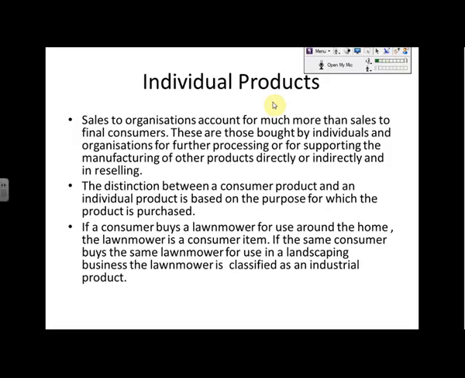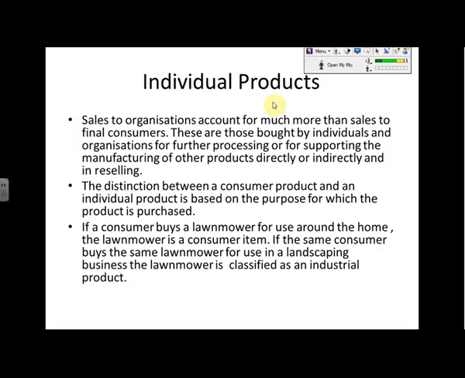These are those bought by individuals and organizations for further processing. So when we talk of products sold to organizations, the organizations are buying those and adding them as raw materials for further processing to produce other products. So they are taken more as kits and as parts to produce other products.